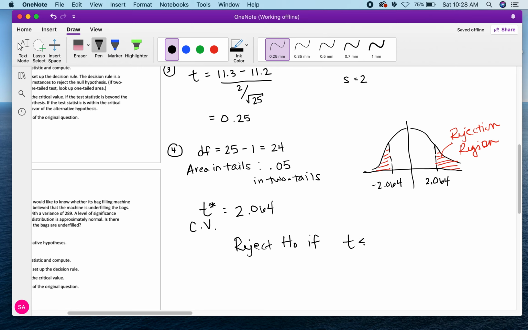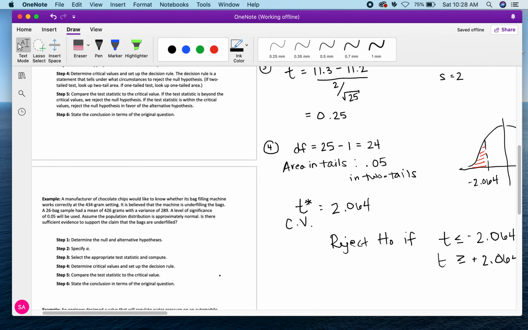We reject if T is less than or equal to negative 2.064, or T is greater than or equal to positive 2.064, right? If it's less than negative 2.064, or if it's greater than positive 2.064. So this is our decision rule.